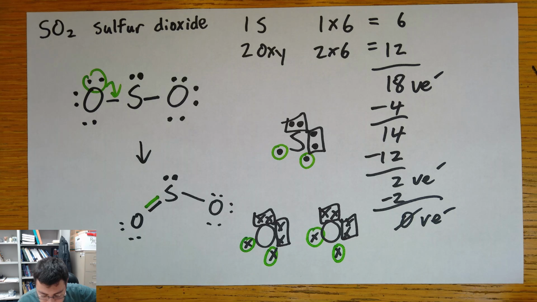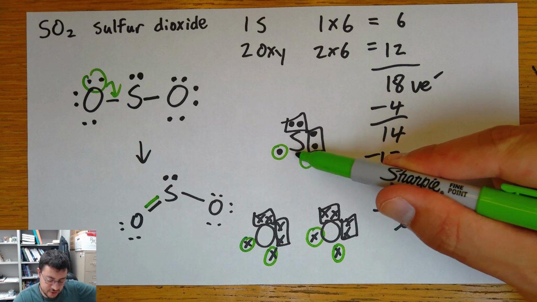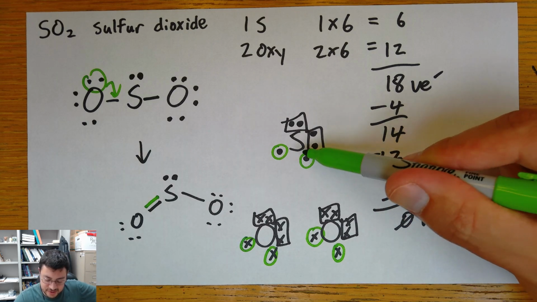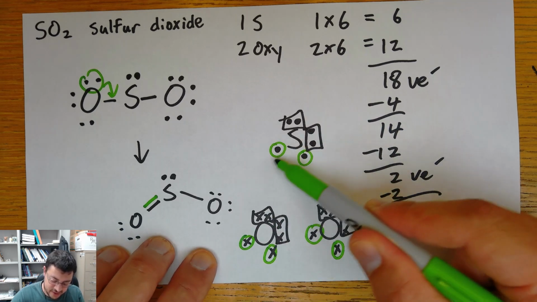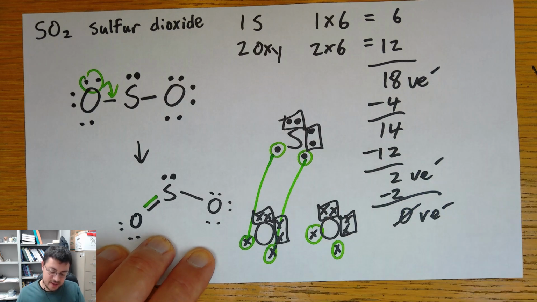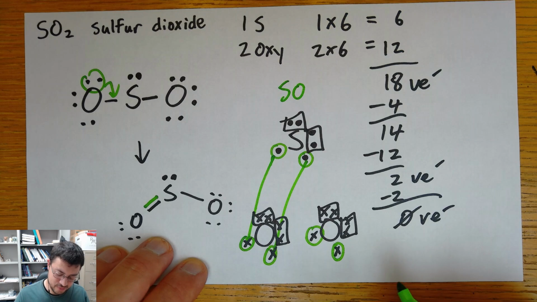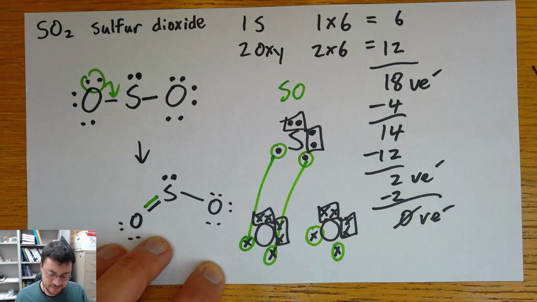All right, so you can see here that this oxygen is searching to make 2 bonds, but this sulfur looks like it's only searching for 2 bonds. And then, if we were to go with that idea of just connecting lines, then we would end up with like SO. But what about this third atom, the other O? It would have no place to go.